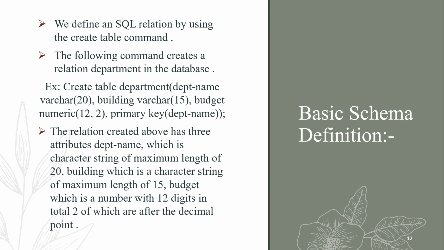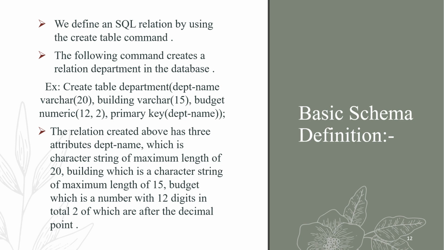The attributes are department name, varchar(20), meaning 20 characters; building, varchar; and budget, numeric. Department name is the primary key. Primary key means unique identification.